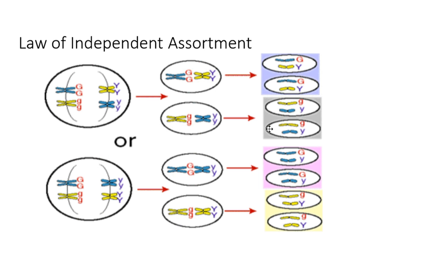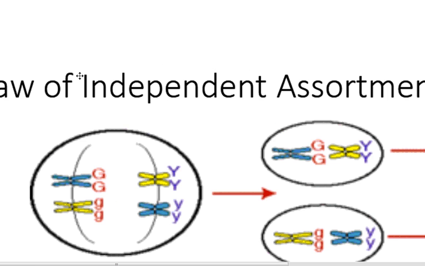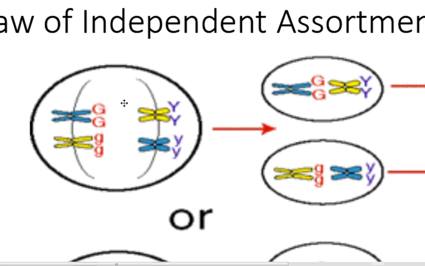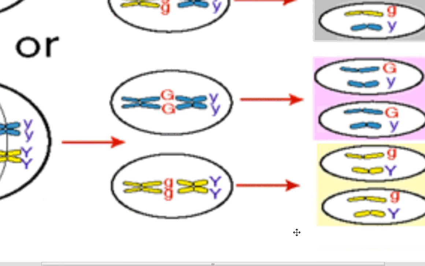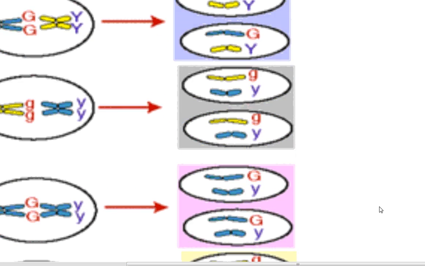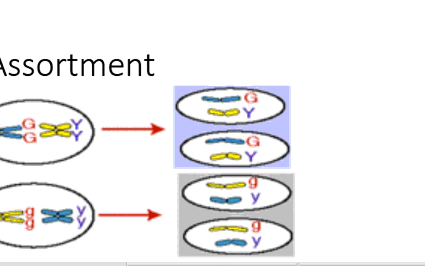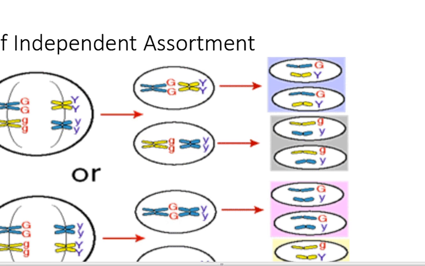And so what the law of independent assortment says is that during that anaphase 1, when homologous pairs are separating, in this case, where we have G's and Y's, you could have the big G and the big Y go together, and little g and little y go together, but it could separate to where you could have big G, little y go together, or little g, big Y go together. And so you could have multiple different combinations making multiple different kinds of gametes.